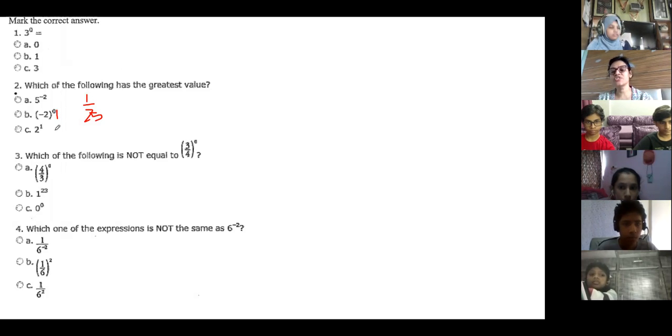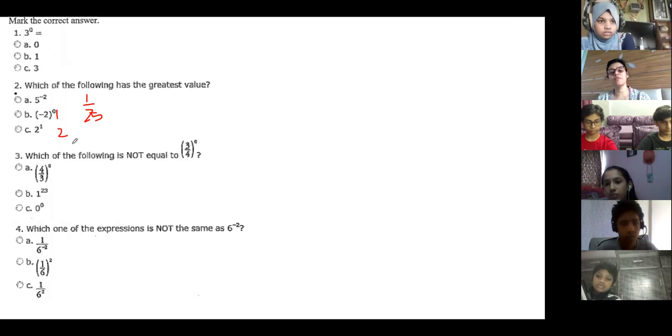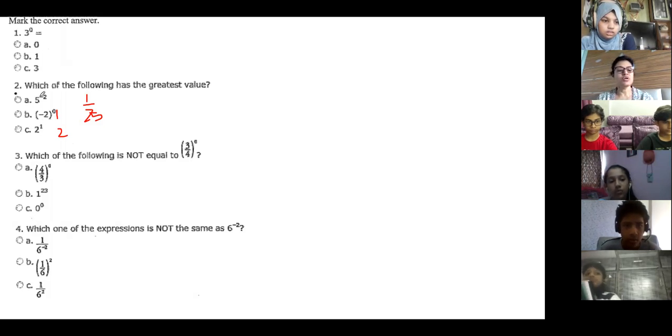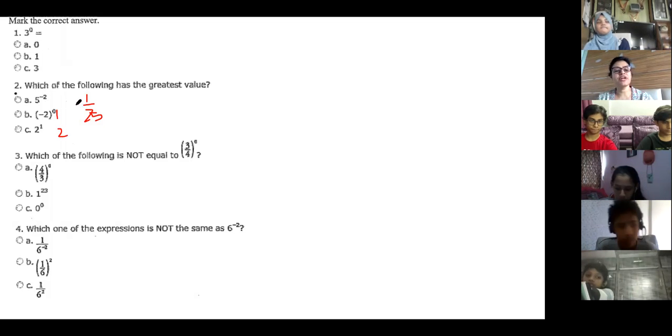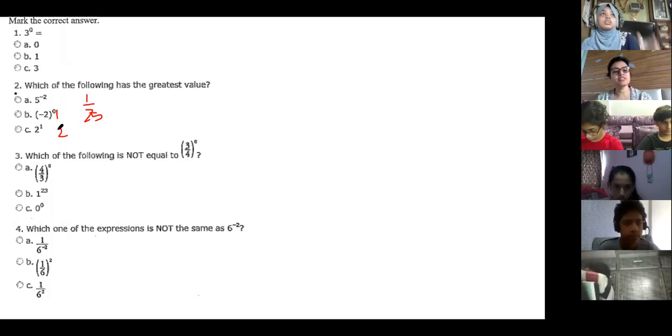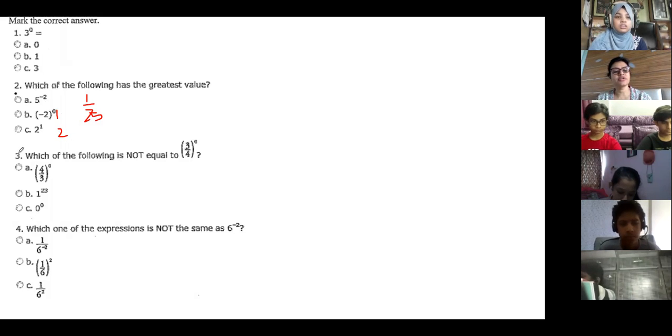And what is 2 raised to 1, Safia? 2. So which number is greatest now? C. Okay. 1 upon 25 is less than 1, this is 1, and this is 2, greater than 1. So this is the greatest number.